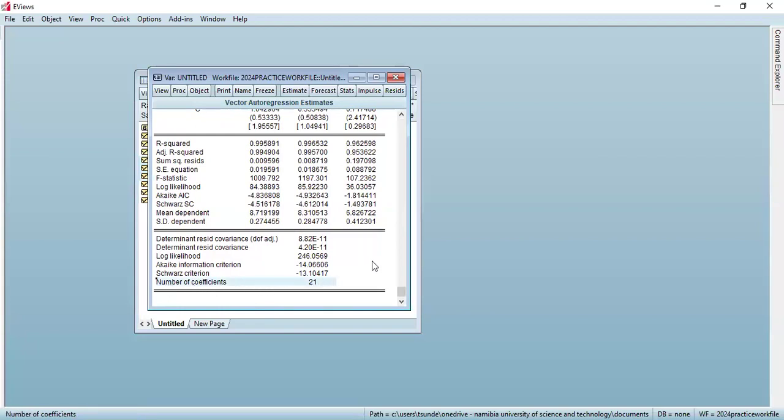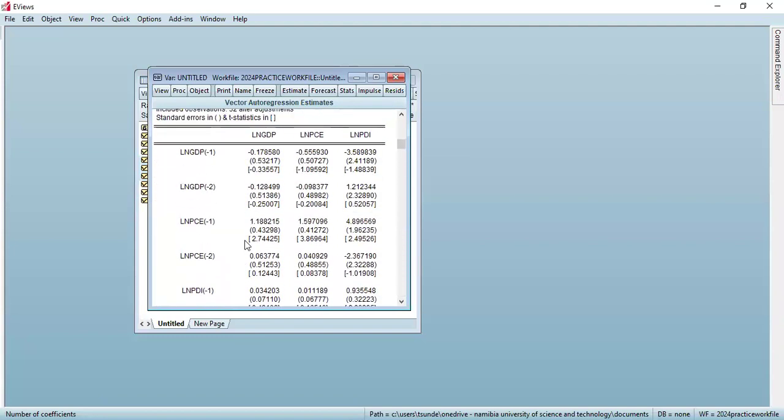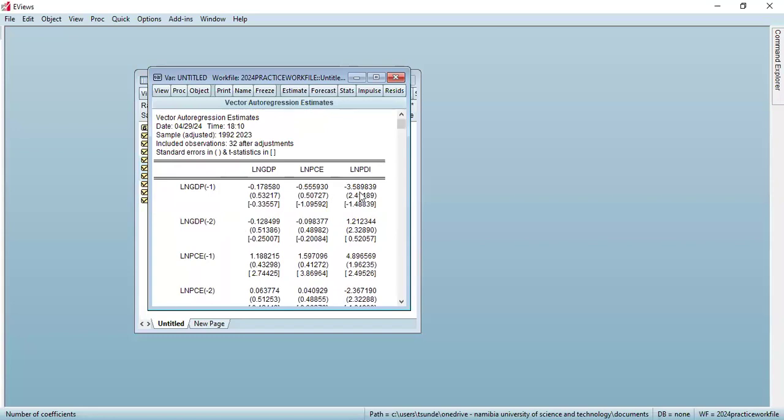Can you see that? It means for this model that we are estimating, it is 21 parameters. It is 21 coefficients, right? And we can count them. We come here. This is 1, 2, 3. Then going down is 1, 2, 3, 4.